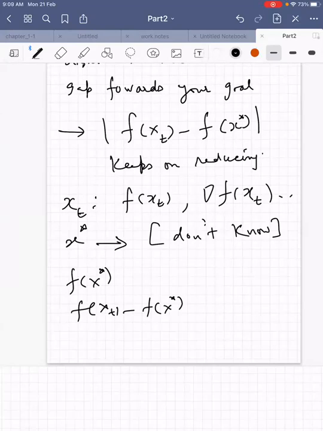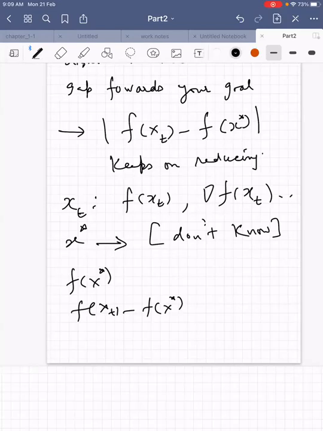You're saying that you'll measure the gradient at x_t, and then you'll measure the gradient at x_{t+1}, and you'll see whether the difference is getting closer to 0. That's what you're saying? Yeah.